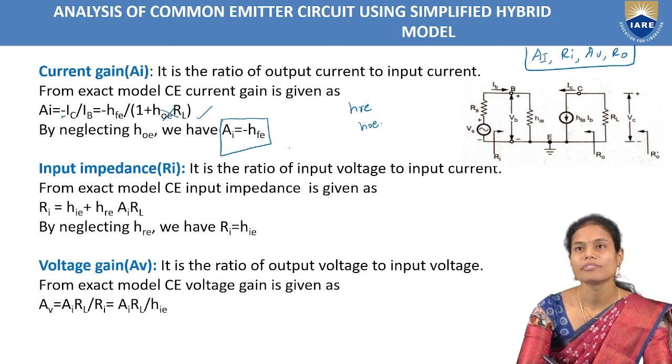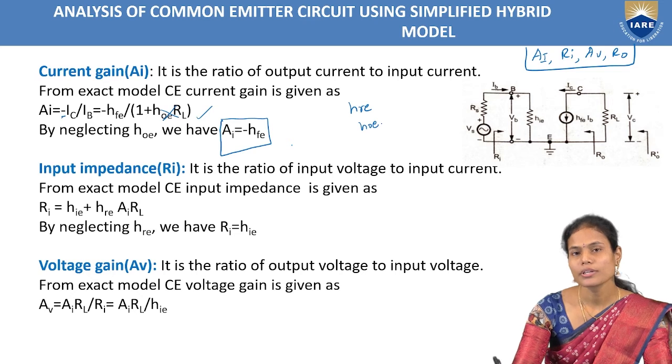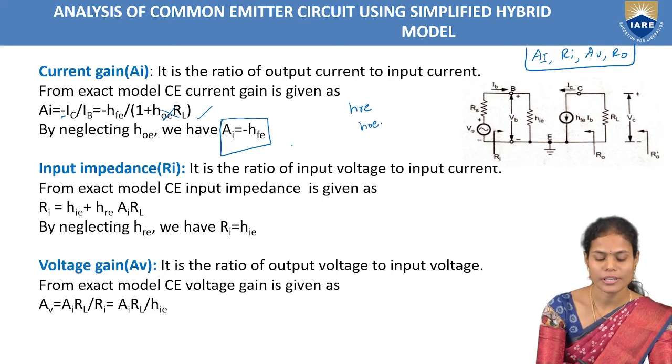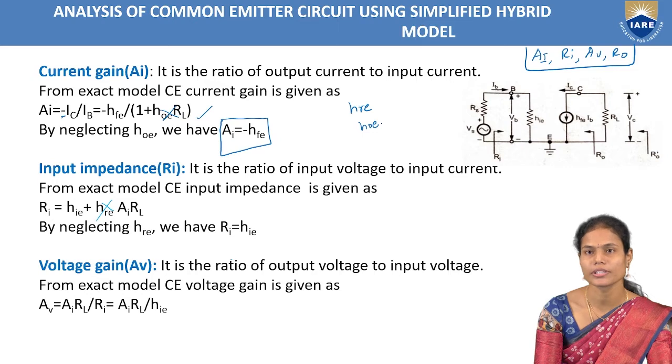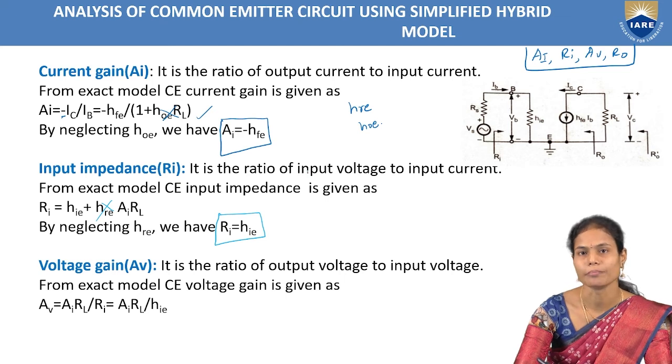And similarly, if we find the input impedance of the common emitter amplifier, input impedance is the ratio of input voltage to input current. So in the exact analysis, input impedance was HIE plus HRE into AI into RL. So here we have to neglect the HRE term so that the input impedance is approximated as HIE.